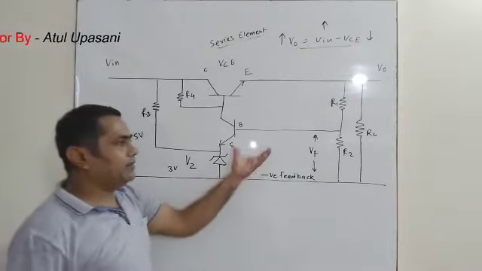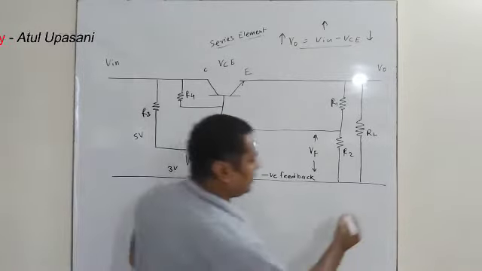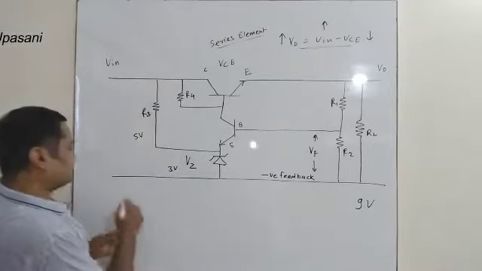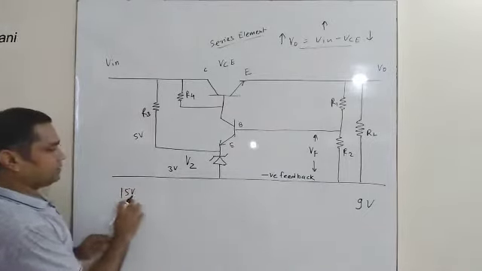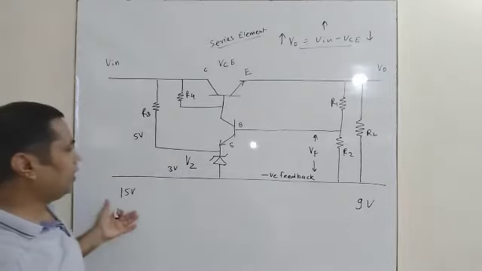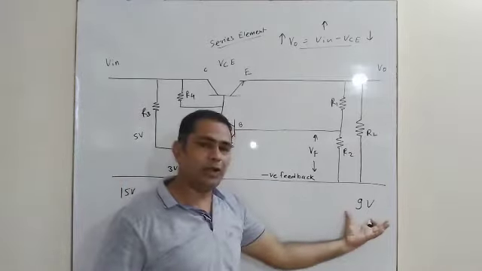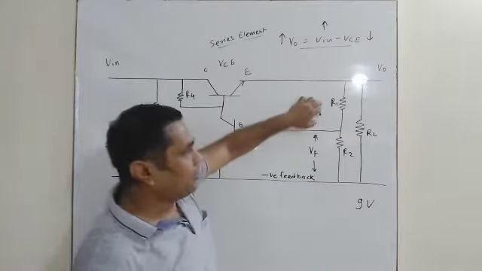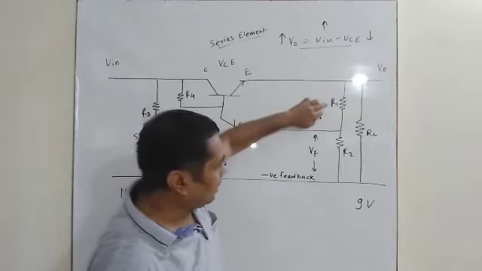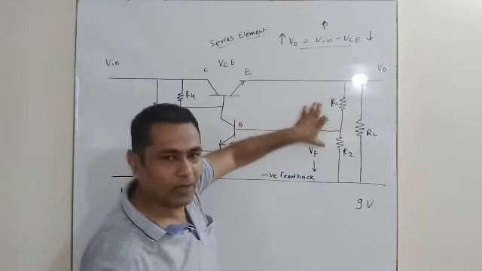Suppose we have designed this regulator to generate a constant voltage of 9 volt at the output, and suppose the input voltage given here is 15 volt. So the output of the rectifier is 15 volt and we are designing it for 9 volt. For simplicity, let us take the example that R1 and R2 have the same value.